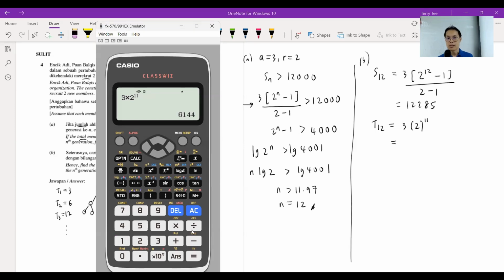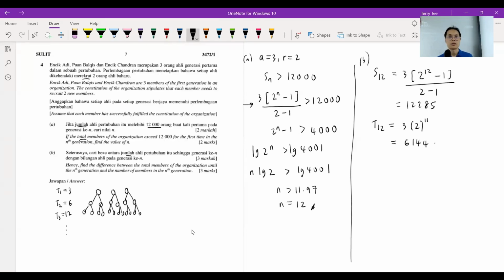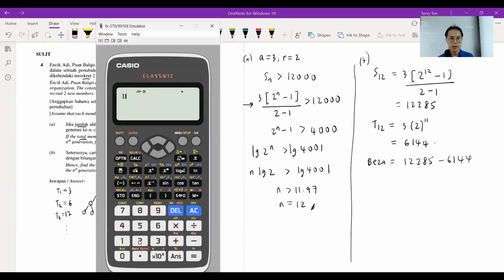So what is your answer? 6144. Now, the difference, beza, is 12285 minus 6144. Okay, use your calculator. 12285 minus this answer, I got 6141.